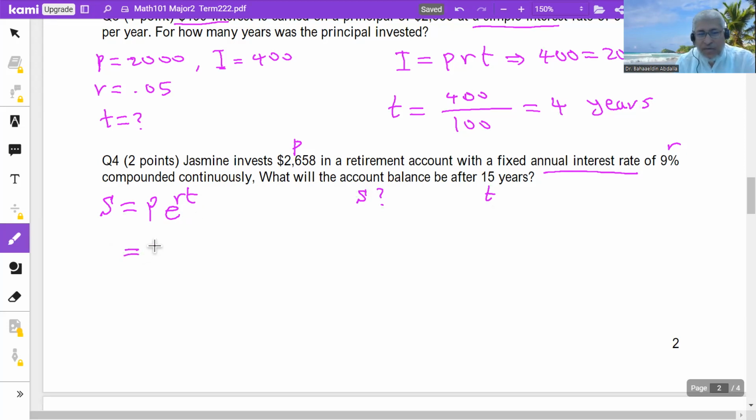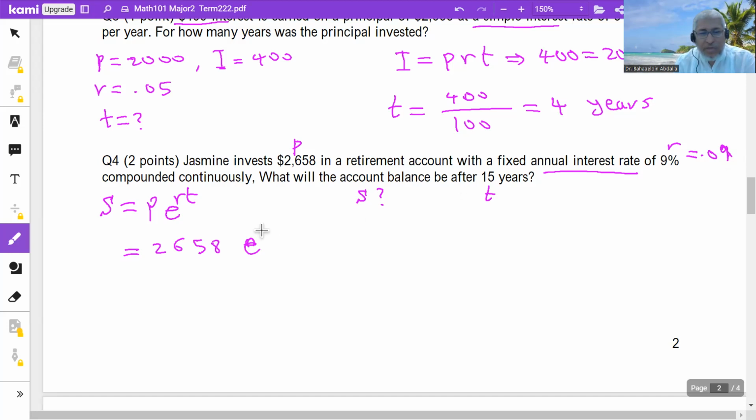So P here is given, 2,658 times e, this is the number in the calculator, e, to the power R, which is 9%. How do we write it? 0.09. We divide by 100.